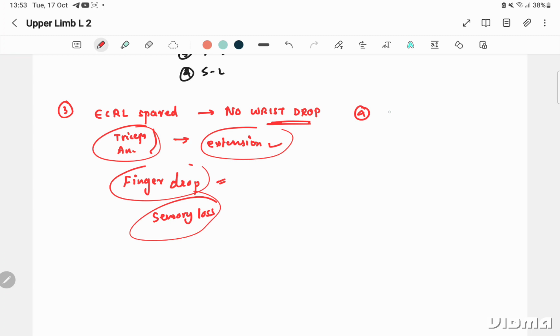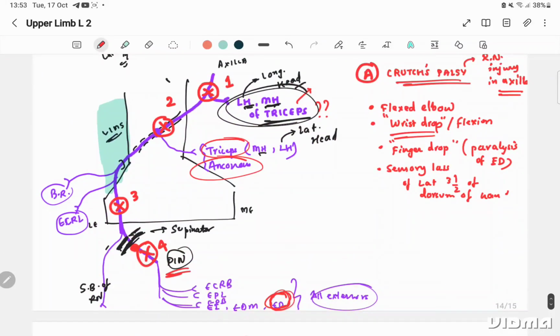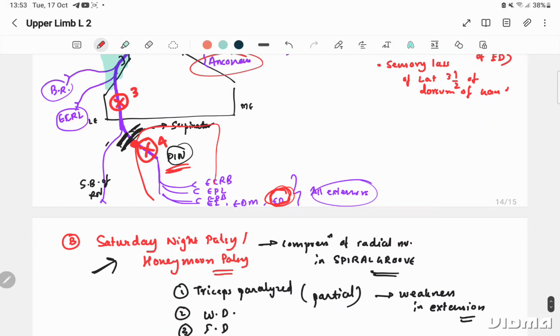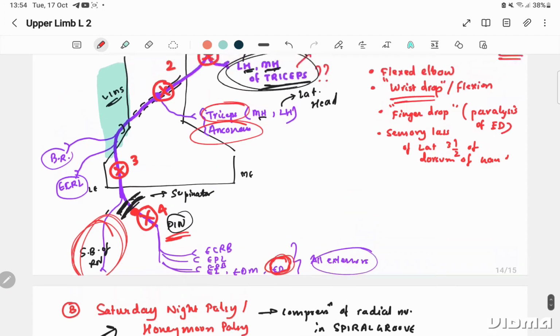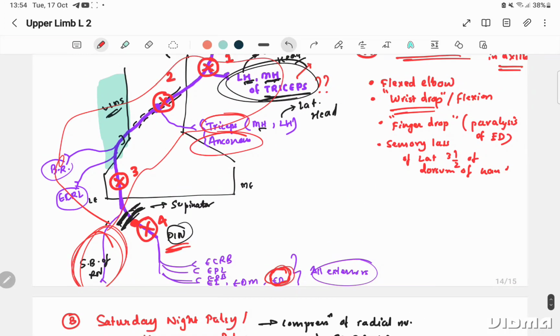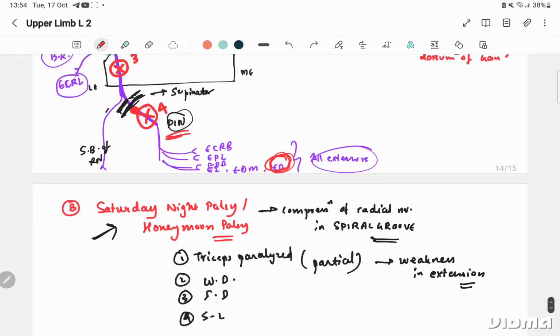Then we can have the fracture of the head of radius. This fourth part is the head of radius. So the superficial branch is also spared, and the muscles above them are also spared. The only thing that is affected is the posterior interosseous nerve.